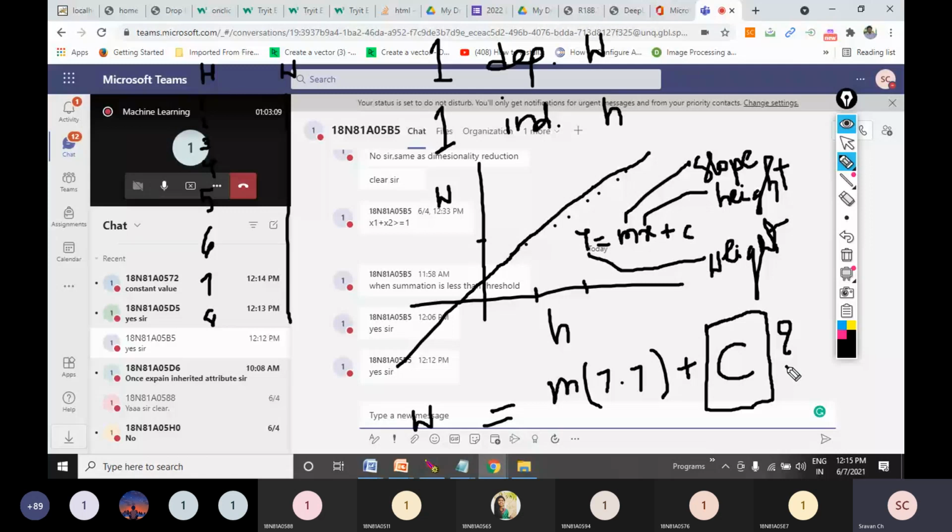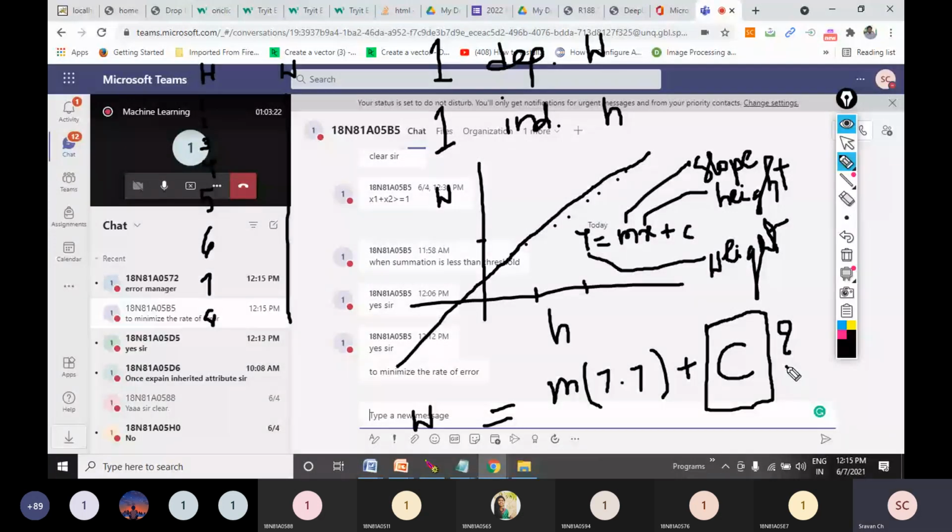So please try. Only 572 is trying, to minimize the rate of error. Not really. Only two people are trying. See, 25 internal and your full marks in lab exam, guaranteed. Threshold value.